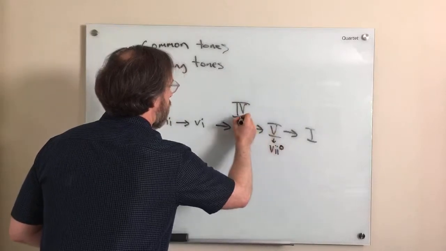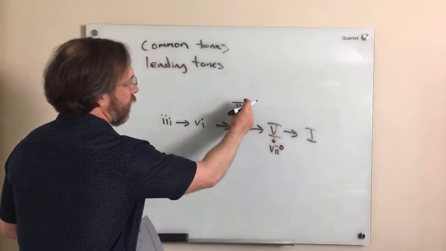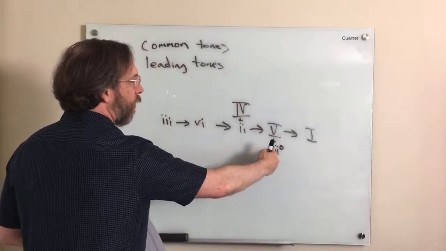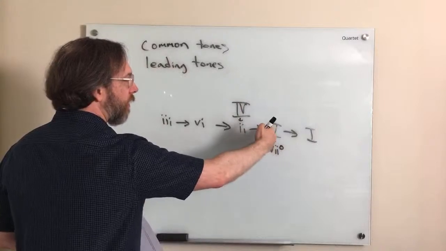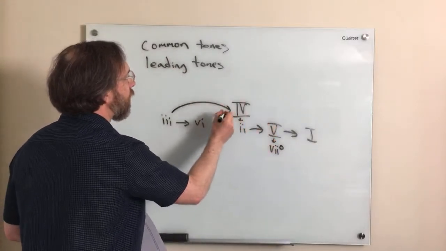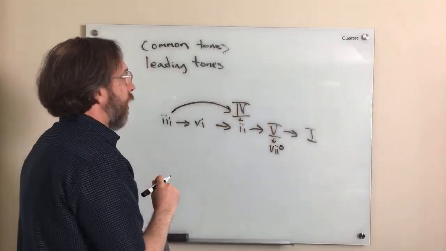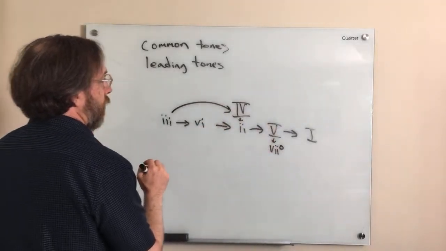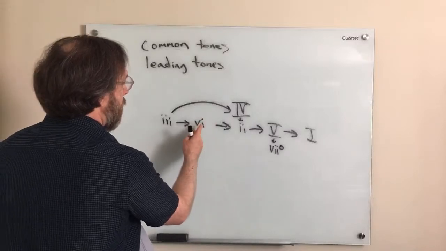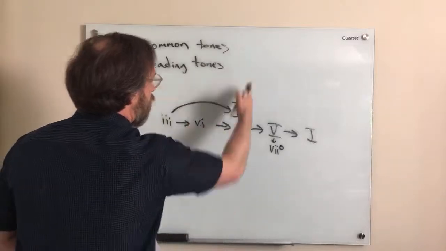So 4 often will go to 2 within the predominant, not the other way around. 5 will often go to 7 diminished in the dominant, but not the other way around. 3 can leapfrog straight to the 4. And any one of these phases can go to the next phase.